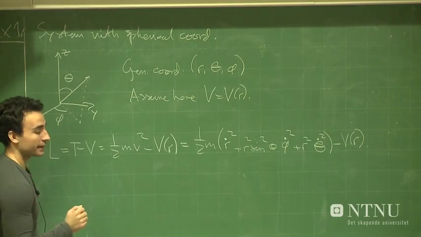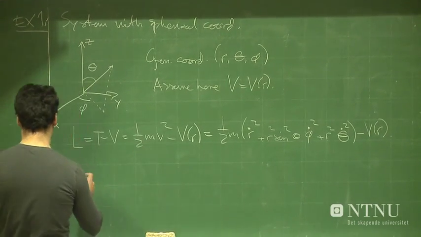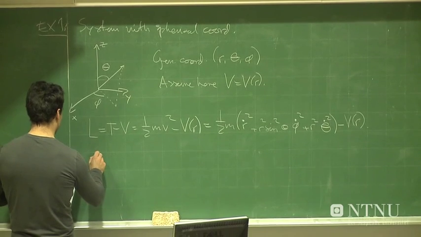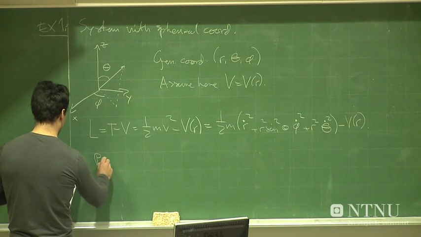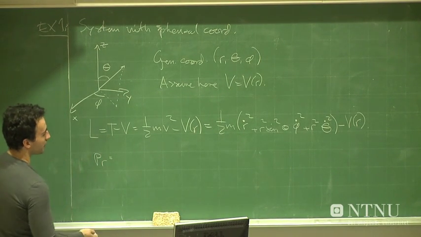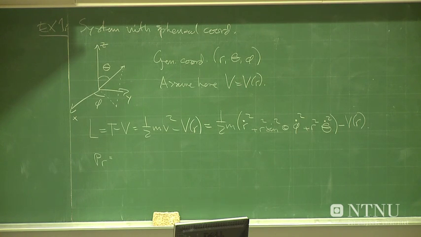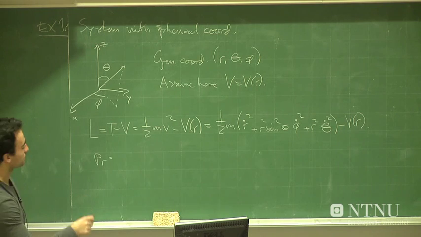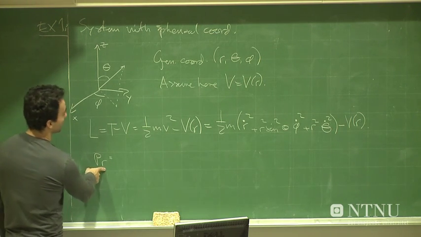Next step is to define the canonical momentum. We have 3 degrees of freedom, 3 generalized coordinates. So i goes from 1 to 3. And the first one is r.